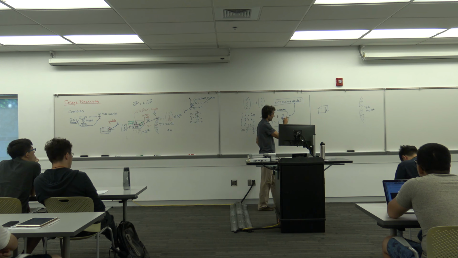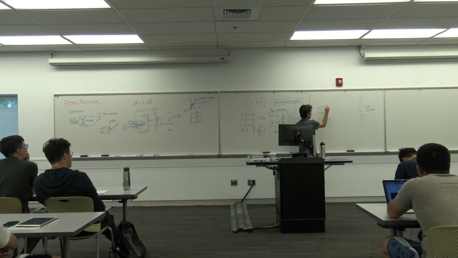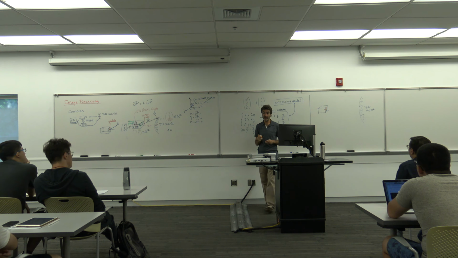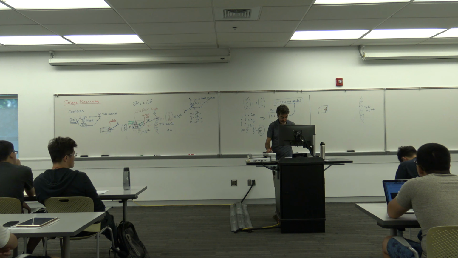Now again, as before, I have my three basis vectors, I, J, and K, pointing in these directions, as we have done before. And what else are we going to do?